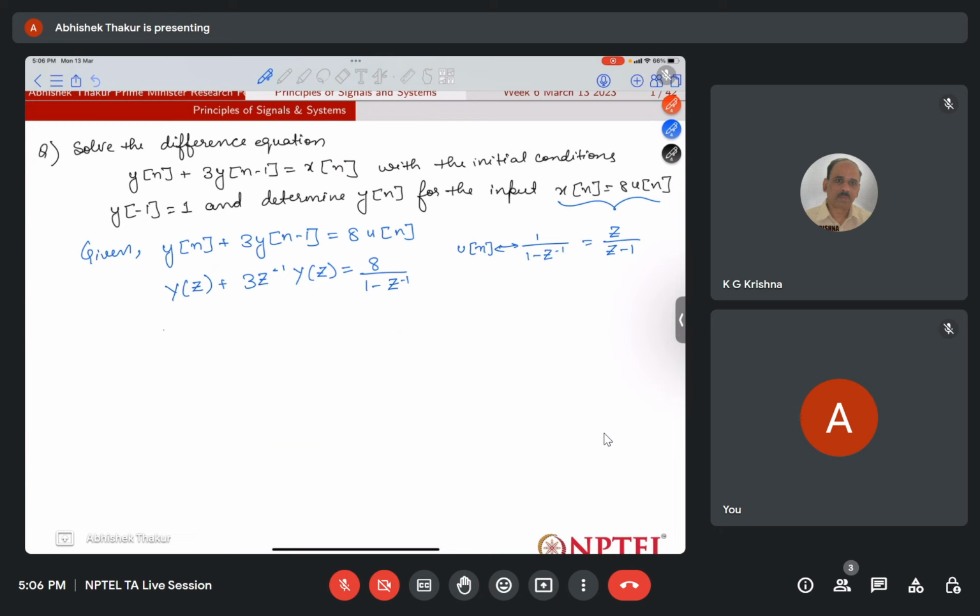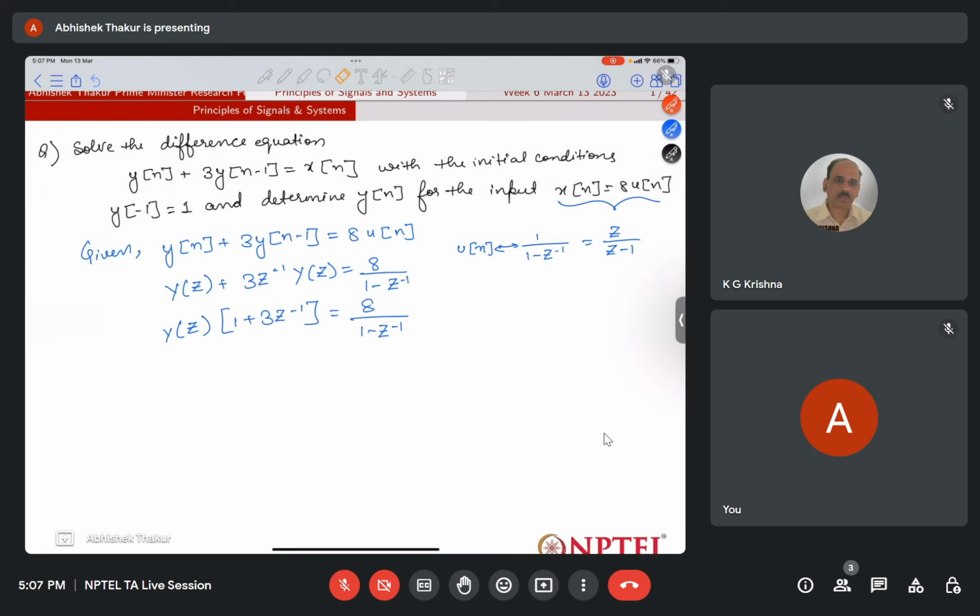After that, we'll take Y(z) common. Actually, this question is based on the unilateral transform, because the initial condition is also given, that is y[-1] = 1.